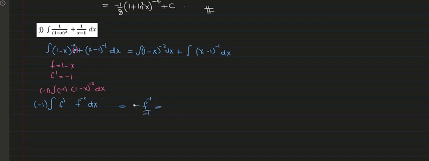So overall, this negative would go with that one, and we will be left with the bracket raised to the power of -1. What would we add inside the bracket? Yes, exactly what was inside the bracket in the original problem. So this is part 1. We might call it I1, I for integral sub 1.